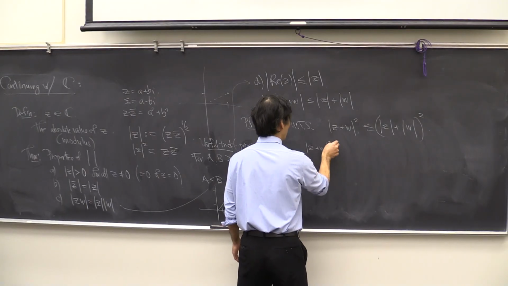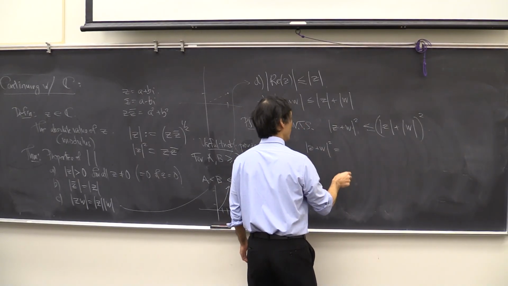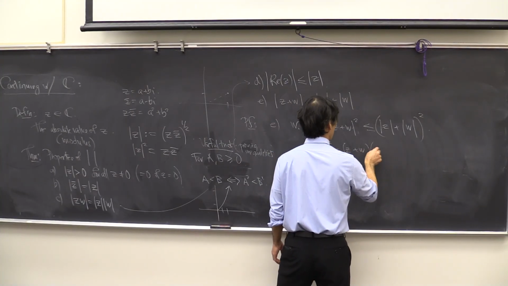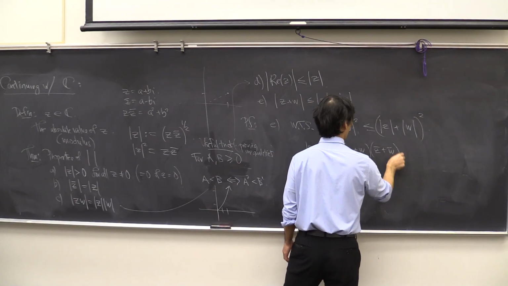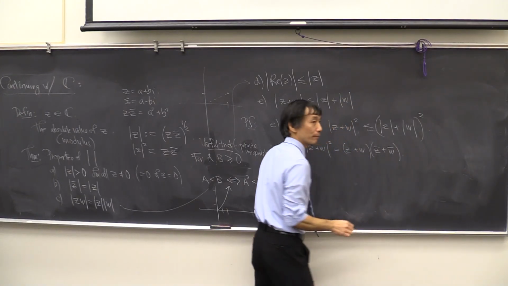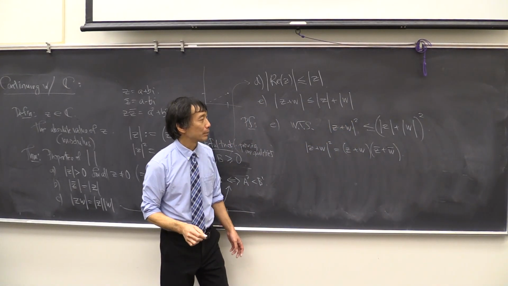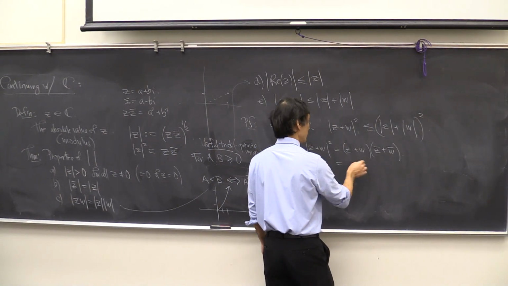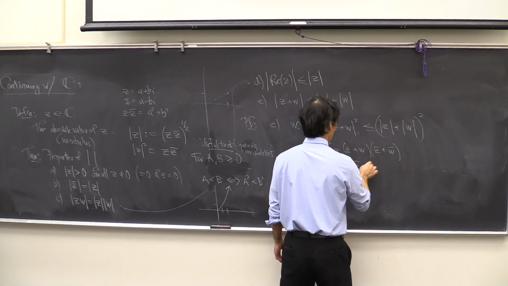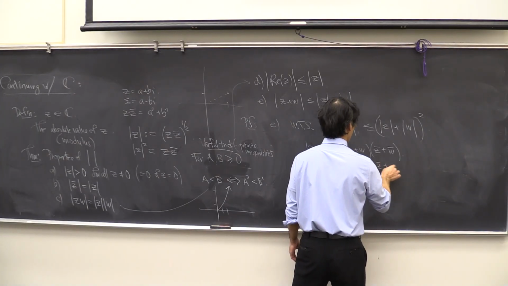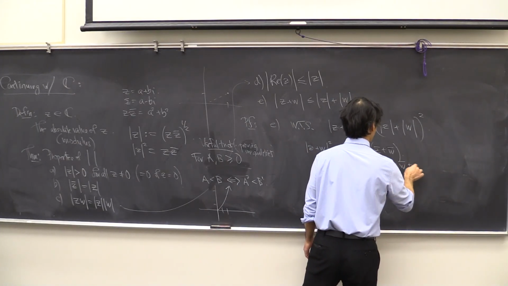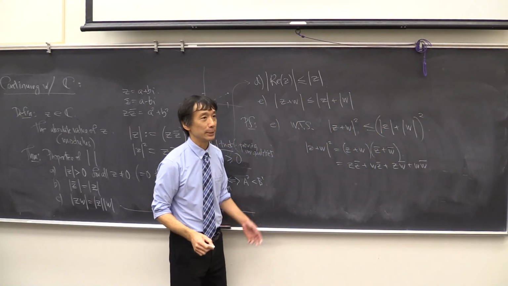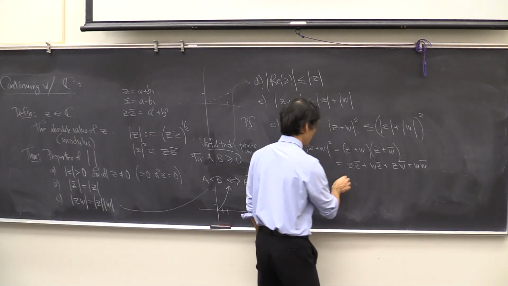The modulus of z plus w, squared. Well, that's going to be z plus w times z bar plus w bar. Just distribute the product.